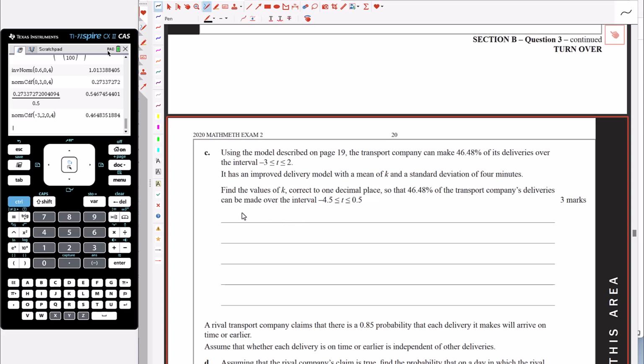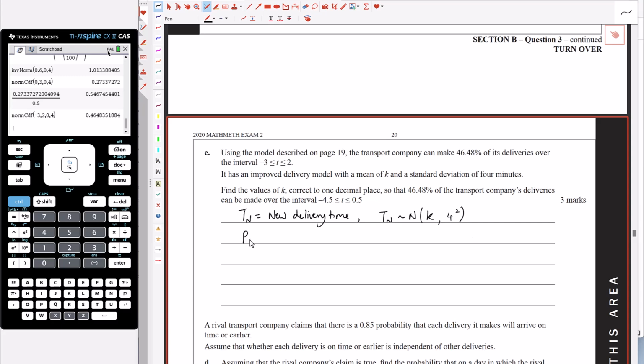So Tn is new time taken, new delivery time. Tn is a normally distributed variable. This time we don't know the mean. Mean's going to be k, sorry, let's use variables consistent with the question. And the standard deviation is 4, so 4 squared.